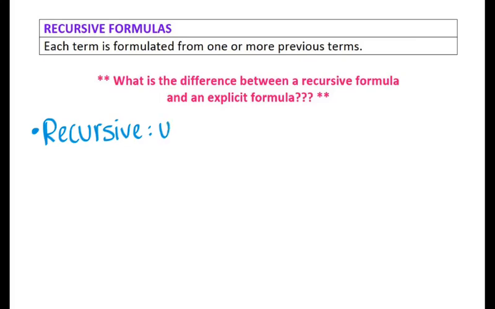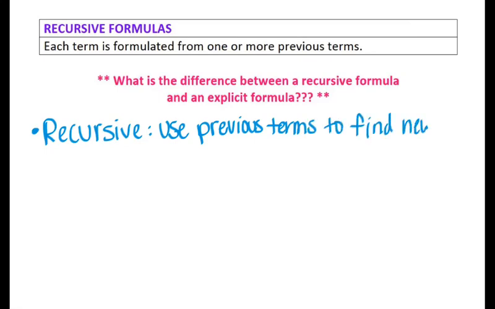Recursive formulas use previous terms to find new terms. For instance, if I wanted to know the 20th term of a sequence, I would use the 19th term to find the 20th term. So you use your previous terms to find any new term.